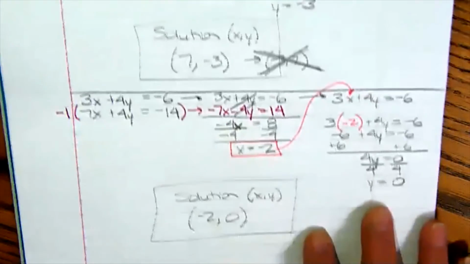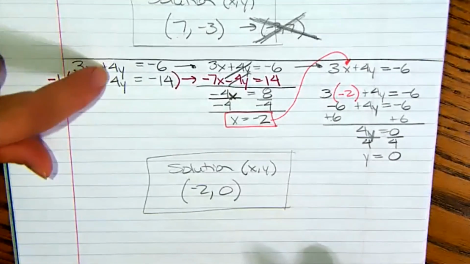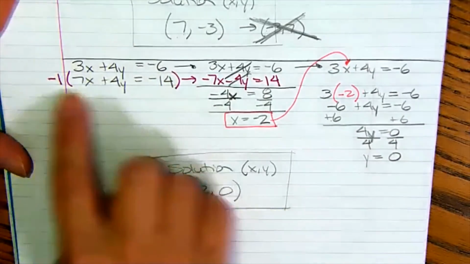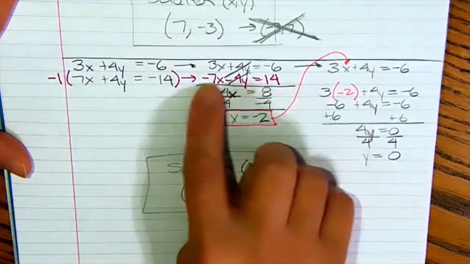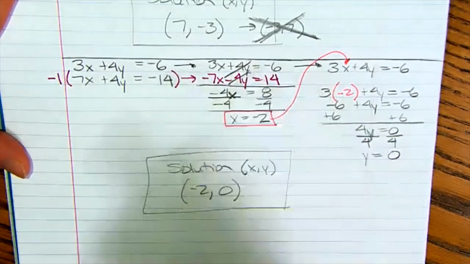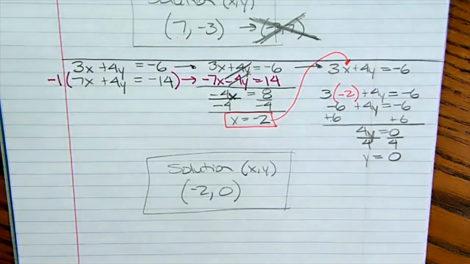Or sometimes we have to change one of the equations, multiply by a negative, so that we now have a variable that can be canceled. Okay? That's what we're doing today.